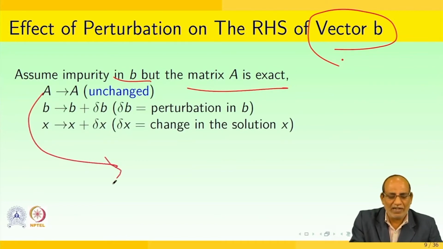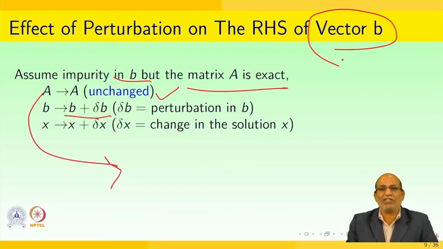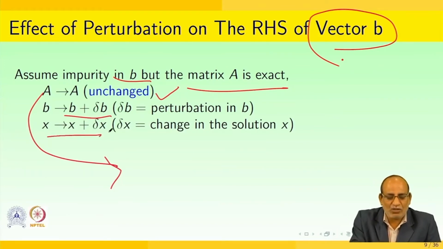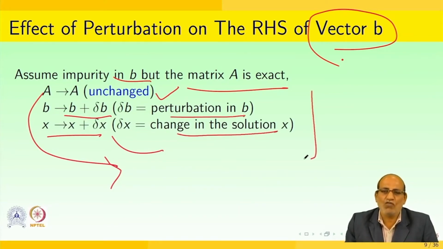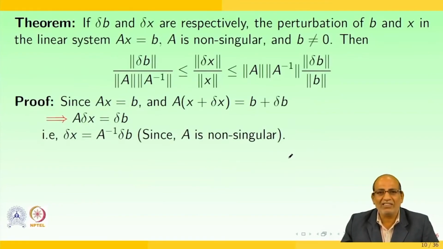So B becomes B plus delta B. Delta B is nothing but a small change, the perturbation. And x is also x plus delta x, the change in the solution x, and this is the perturbation in B. Now the question is how to find a solution to this system when the perturbation takes place on the RHS vector B. So it is very interesting.